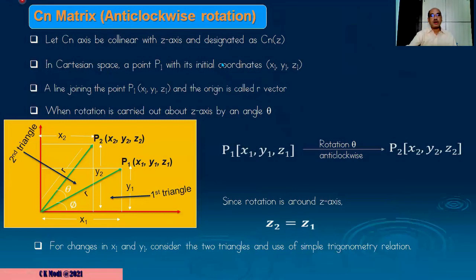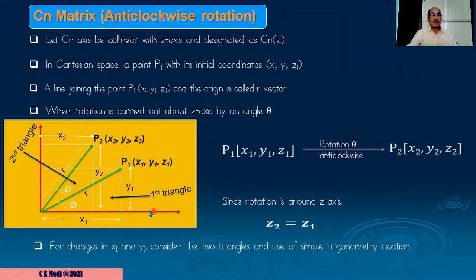Now this is important. How do we derive a matrix for a rotation axis? Suppose we have to derive the Cn matrix. For Cn, the cyclic rotations can be in anti-clockwise or clockwise directions. So first we derive the matrix for anti-clockwise rotations. Now look at this.